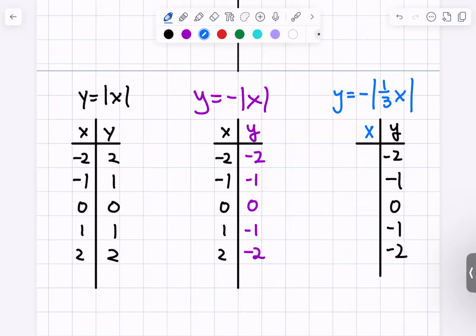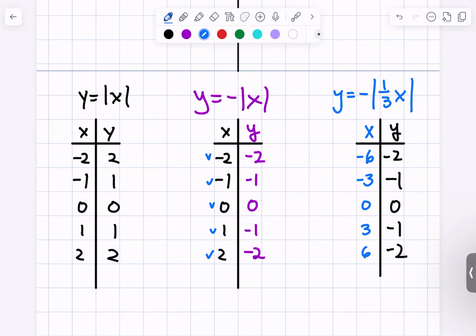Multiply by 3, right? So -2 times 3 is -6. -1 times 3 is -3. 0 times 3 is still 0. 1 times 3 is 3. 2 times 3 is 6. Make sense?